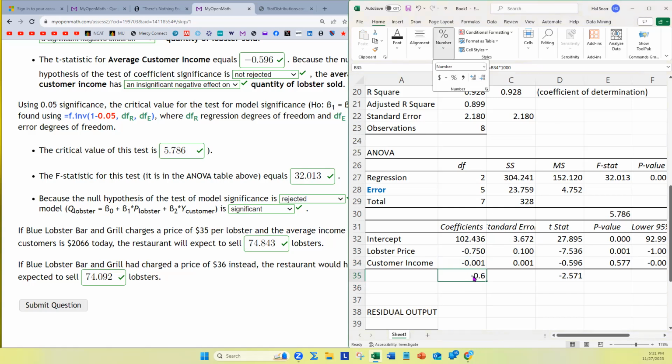So let's do 10,000. If my income goes up by 10,000, then my lobsters sold go down by 6.5.